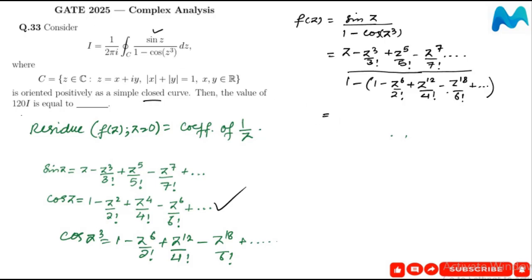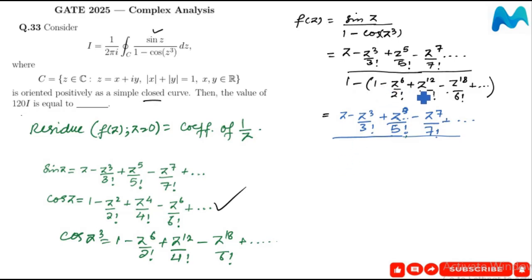Now the numerator will be the same, and in the denominator the 1 and 1 cancel out and the minus remains.